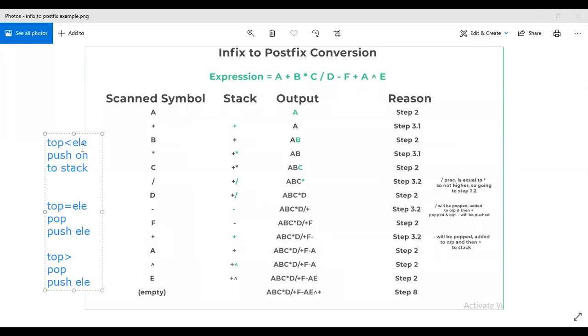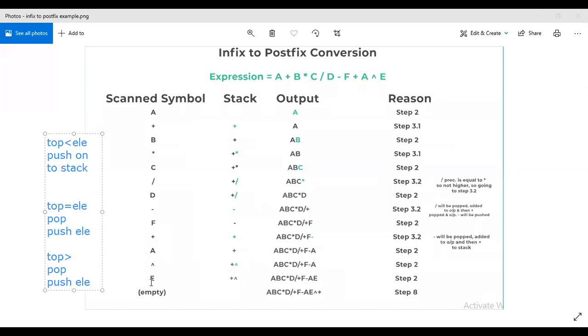Top of the stack is having less preference than the element which I scanned. So what I will do, push onto the stack. Just I will push the operator exponent onto the stack. So what I will get? Plus exponent I will get here. So now exponent is on the top of the stack.